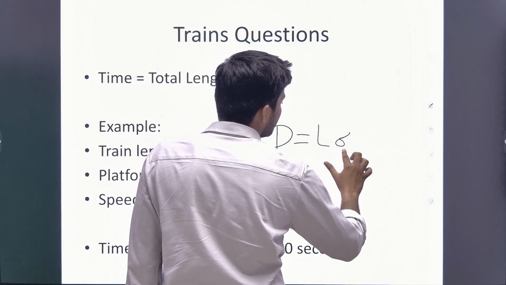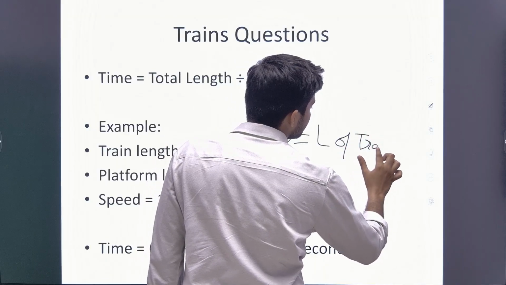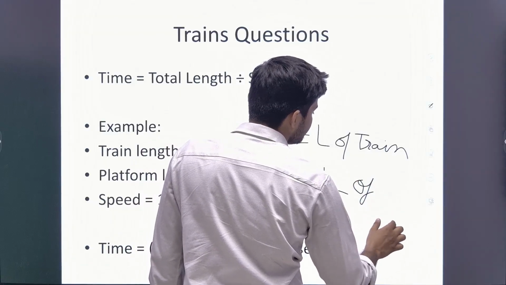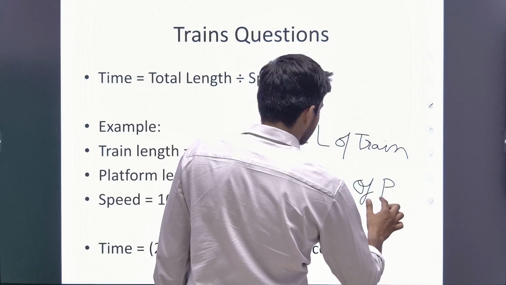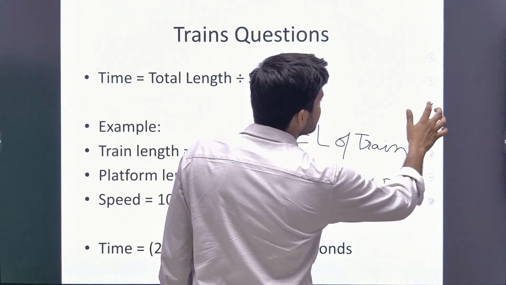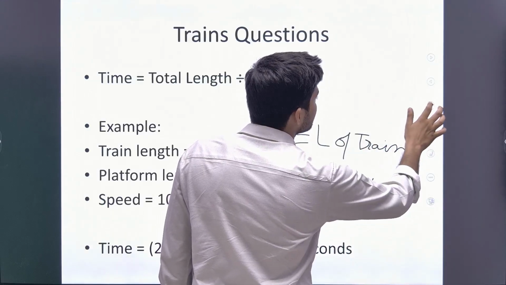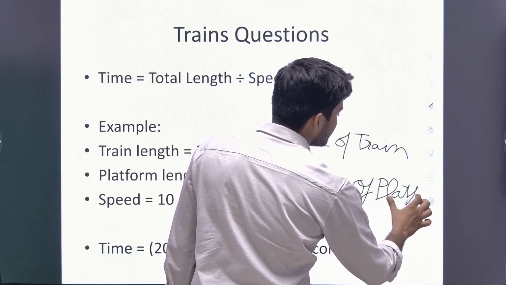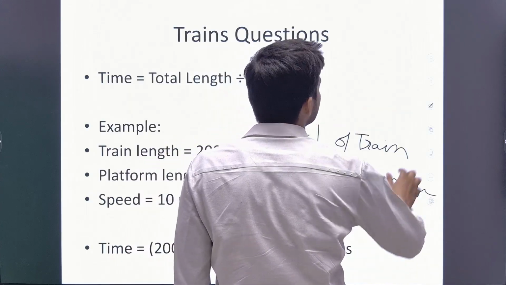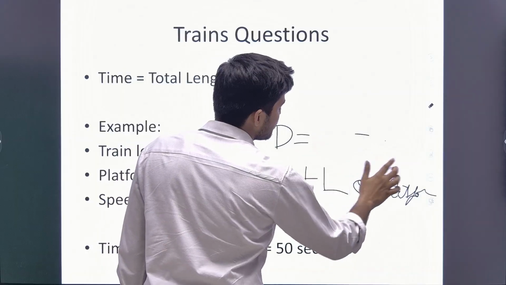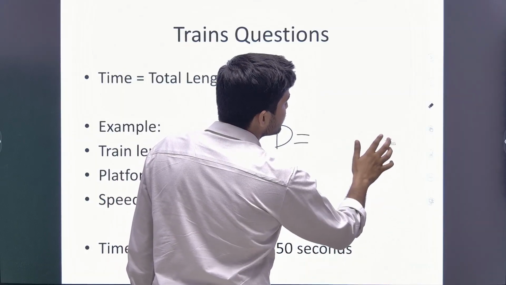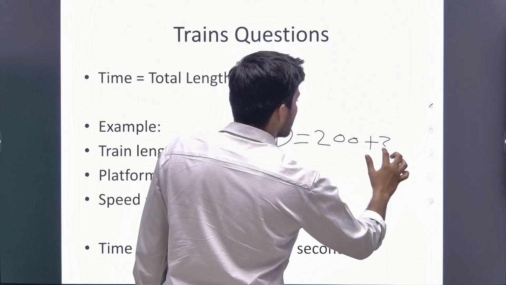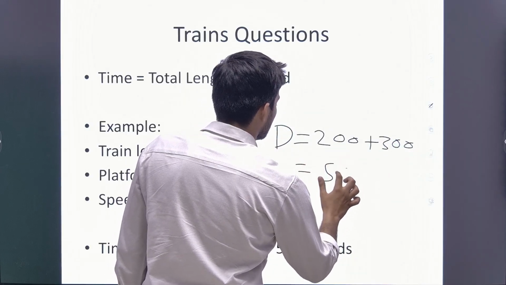length of train plus length of platform, which will be equal to 200 meters plus 300 meters equals 500 meters.